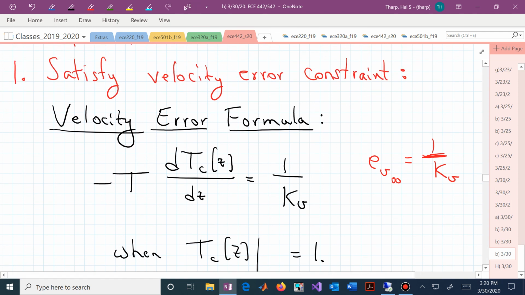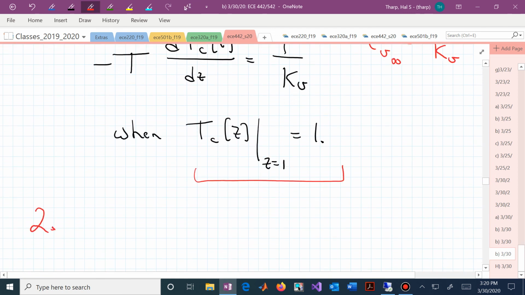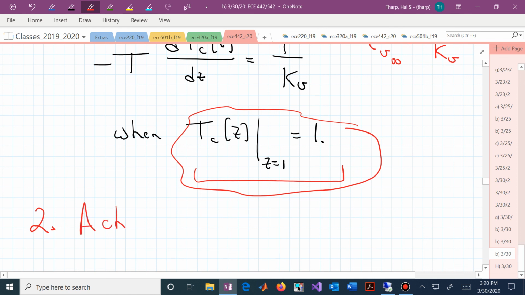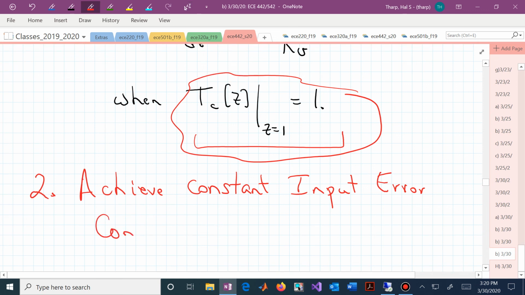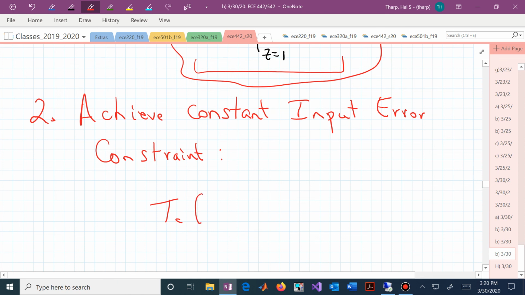So the first step is to satisfy the velocity error constraint if you have one, and the next step is really focused on this constant input condition. You now want to achieve a constant input error constraint, which is really just restating what was done above, but I'm trying to emphasize that you probably will want to do them in this order.